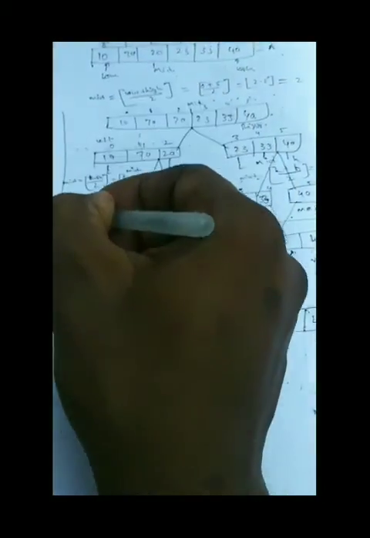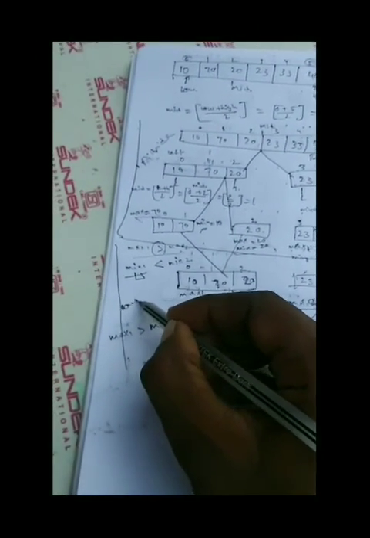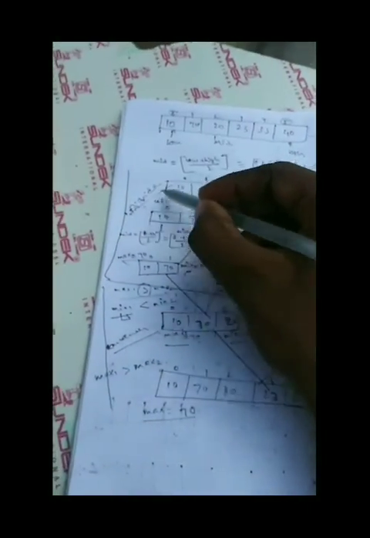So we find the maximum and minimum by applying divide, the dividing process, and conquer, the combining process. This is divide and conquer: we apply the divide and conquer method to find the maximum and minimum element of the given array. Thank you all.